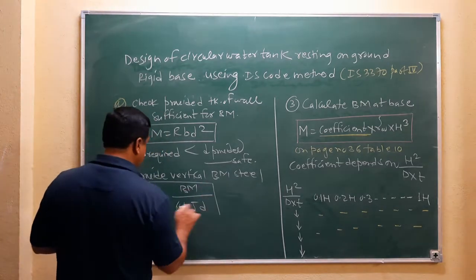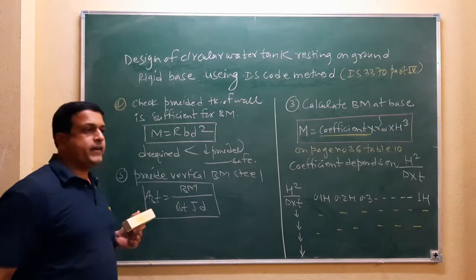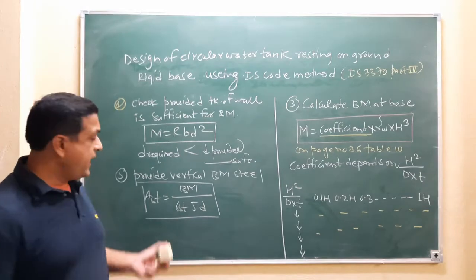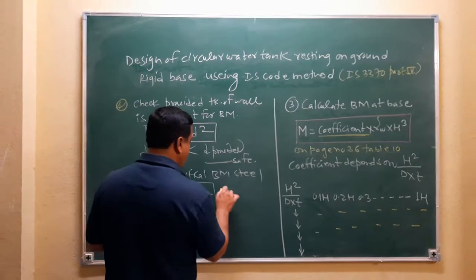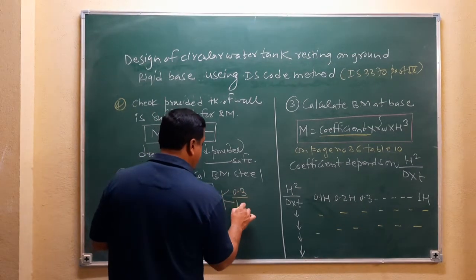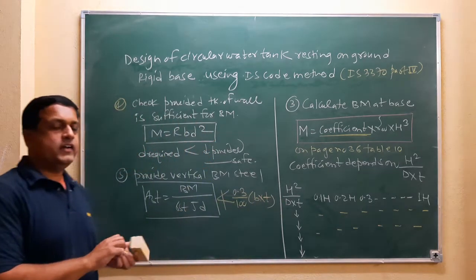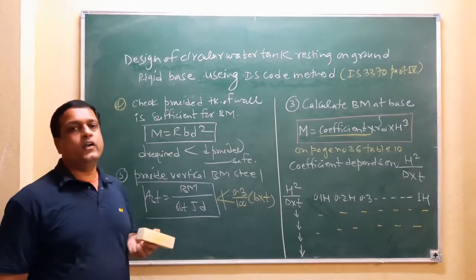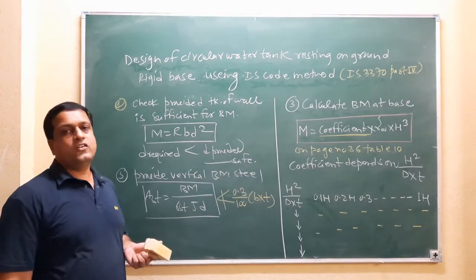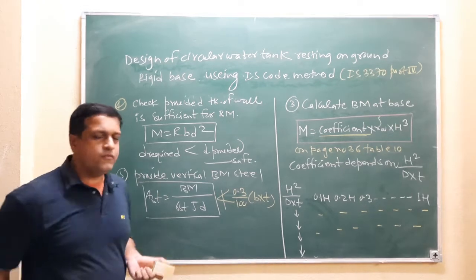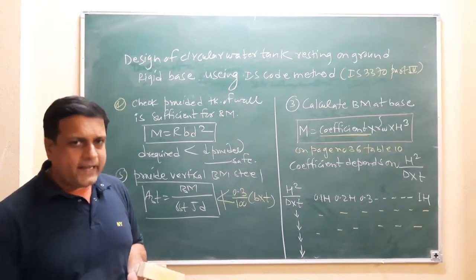So this is the formula for finding the steel for the section, and this steel should not be less than 0.3% of gross cross section area of concrete. So this is the design of a wall for the bending moment.